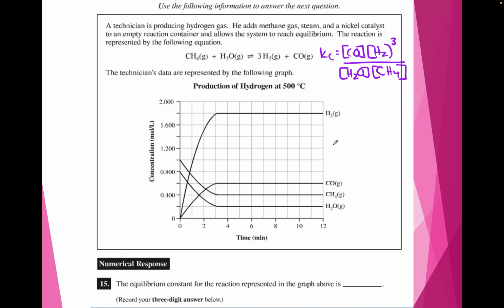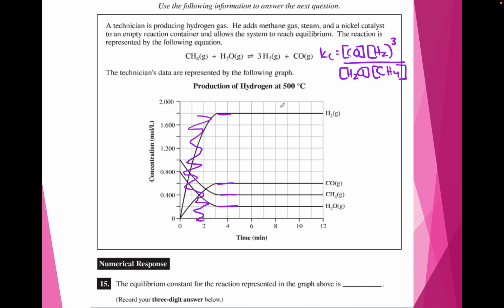Now, why this question is just a little bit harder is because you're not given these actual values at equilibrium, you're given the graph. From the graph, you want to know that equilibrium is established when your lines are horizontal. So we don't want to read anything from the graph from this part because it won't be accurate. We want it from when it's horizontal.